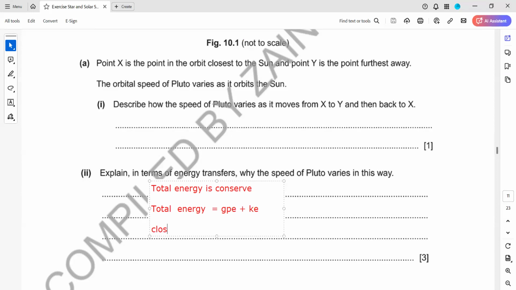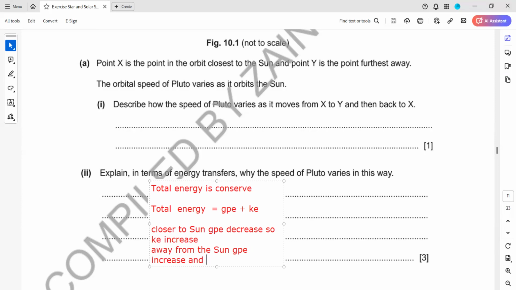When it moves closer to the sun, the height decreases, so the GPE decreases and the kinetic energy increases. As it moves away from the sun, the gravitational potential energy increases and the kinetic energy decreases.